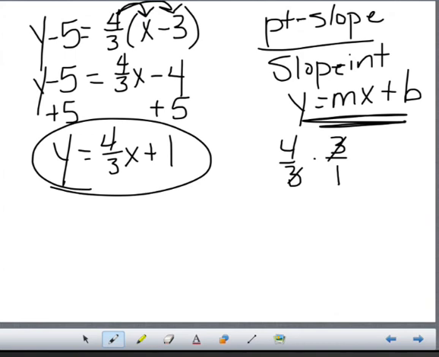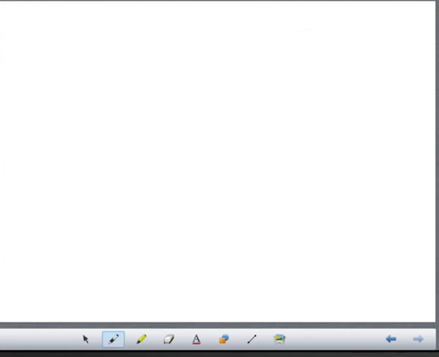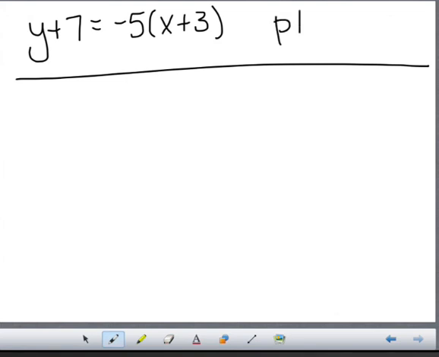Okay, so you really got to know those 3 forms of a line. Let's try one, and we're going to write one equation, same equation, written 3 different ways. Okay, so if I gave you this equation, y plus 7 equals -5 times x plus 3. What form is that? That's my point-slope form.